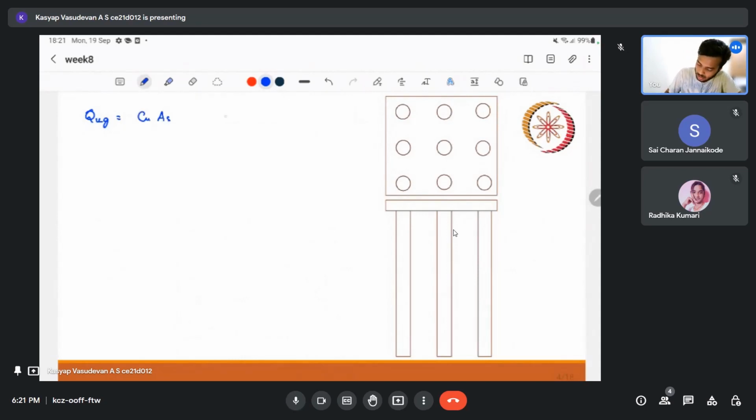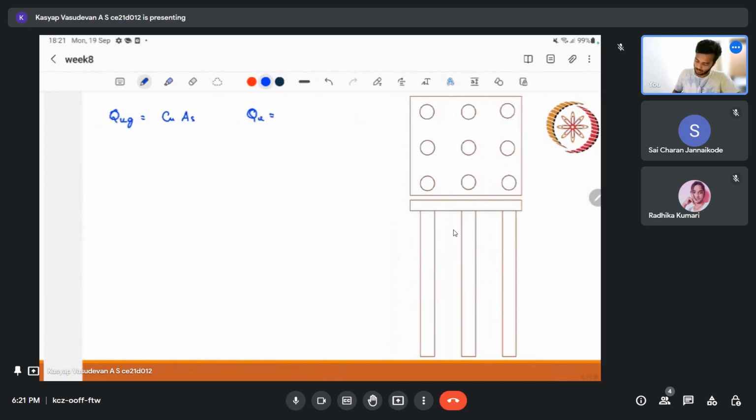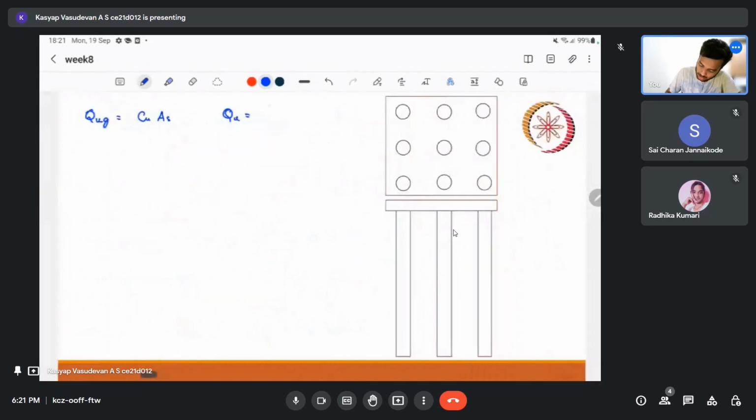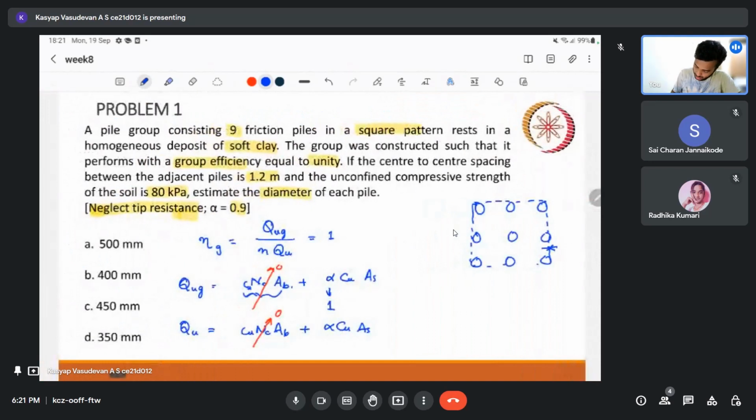And the QU will be equal to alpha CU AS. Remember this ASG is for the group. I'll write G as a suffix just to show that it is for the block, the pile group.